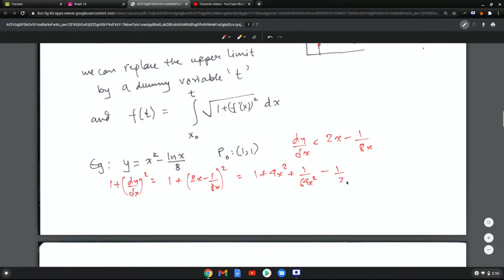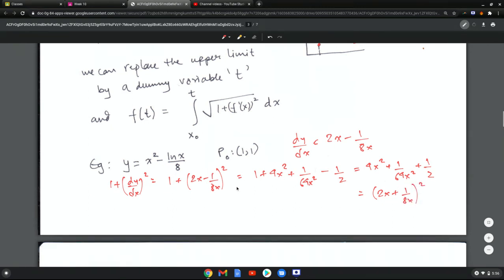That's going to be a half, which becomes 4x squared plus 1 over 64x squared plus half. I see. Which is going to be (2x plus 1 over 8x) squared.